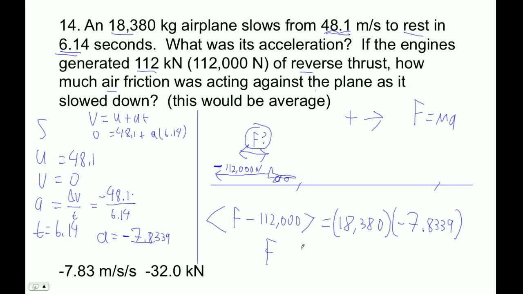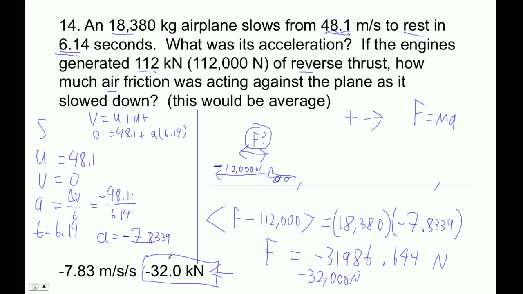And I get that the force is equal to negative 31986.644, etc., newtons. And so I guess that would be 32,000, which would be negative 32.0 kilonewtons, 1,000 newtons.